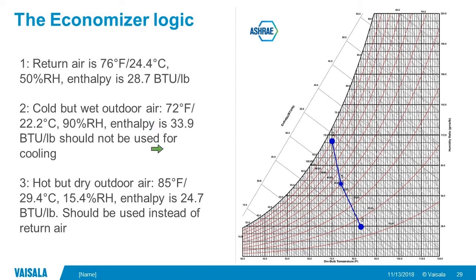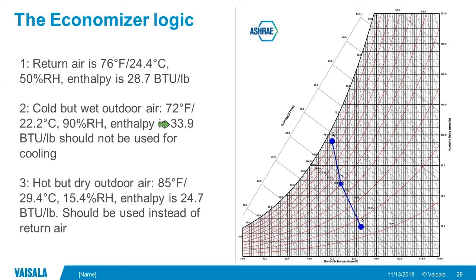So if you're actually trying to cool down, this means that it doesn't make sense to introduce outside air to cool down the building, even though the temperature is lower than inside, because there's so much humidity you need to remove to reach the 50% RH.